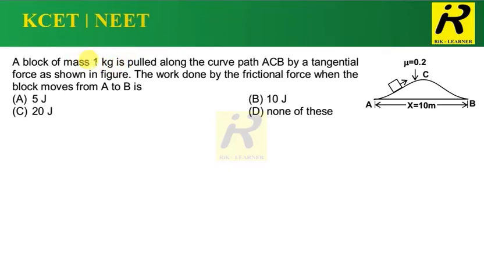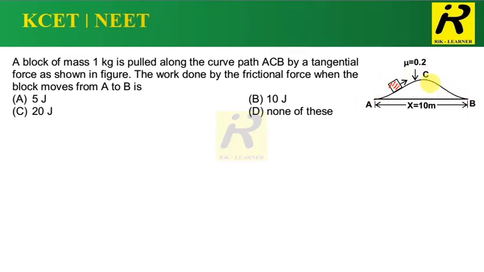A block of mass 1 kg is pulled along the curved path ACB by a tangential force as shown in the figure. The work done by the frictional force when the block moves from A to B is? We are seeing a block which is carried over the curved surface from A to B along the path ACB.